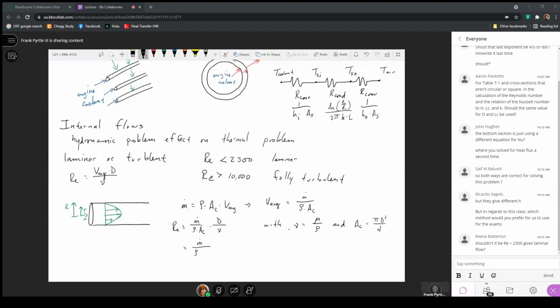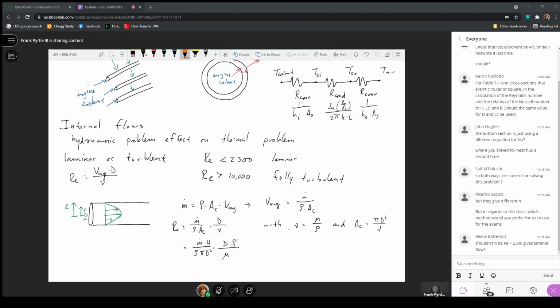With the cross-sectional area defined, this becomes pi d squared with a 4 in the numerator times the diameter, and with the kinematic viscosity defined as the dynamic viscosity divided by the density, this becomes mu in rho here. So I can cancel some terms.